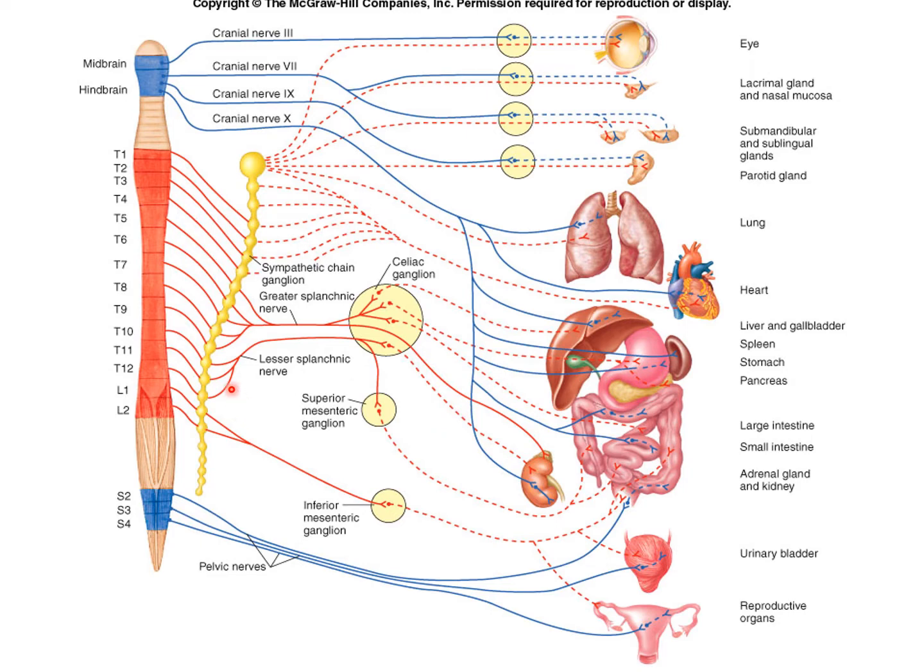And then the third pathway is the preganglionic neuron will pass through the sympathetic chain and then synapse with the postganglionic neuron in the collateral ganglia. So these collateral ganglia, there's 3 of them on one side, and then there'd be another 3 collateral ganglia on the other side, and these are located in the abdomen. And these postganglionic neurons would then innervate the abdominal organs.